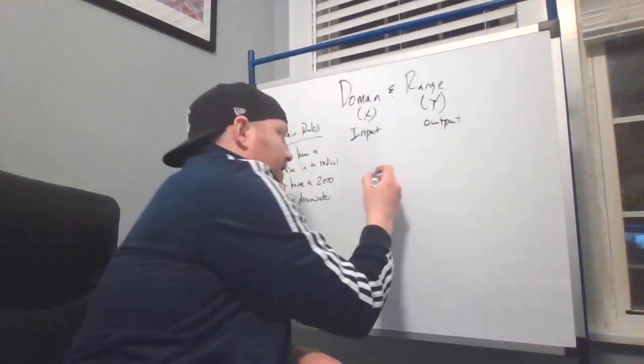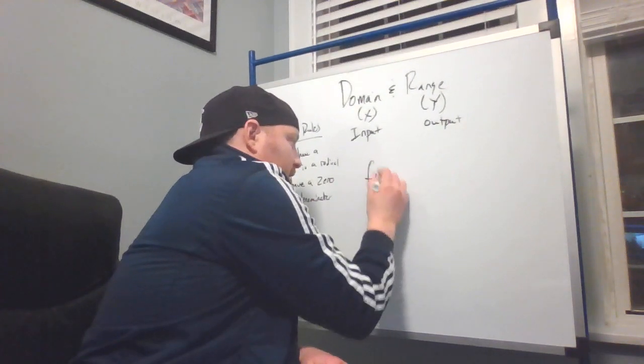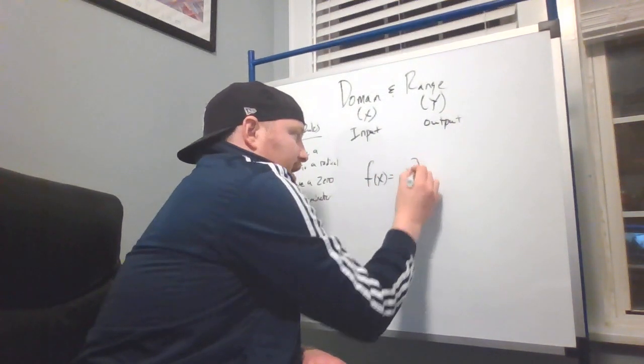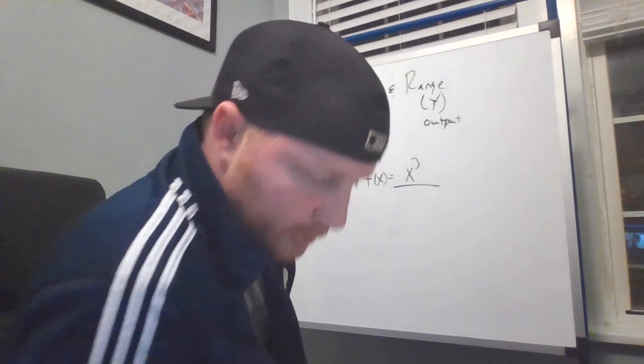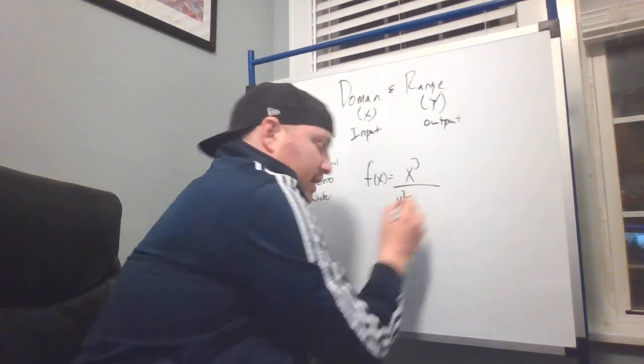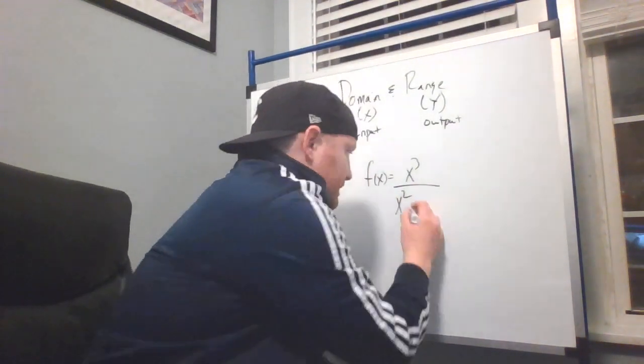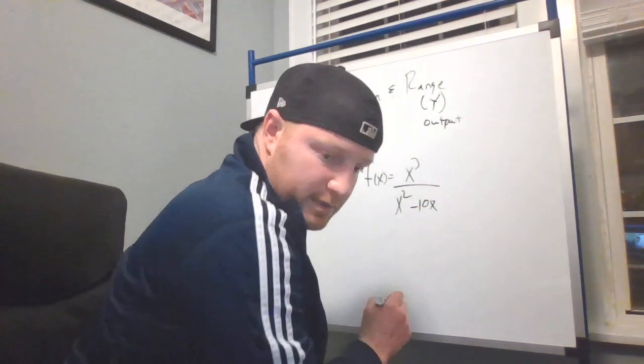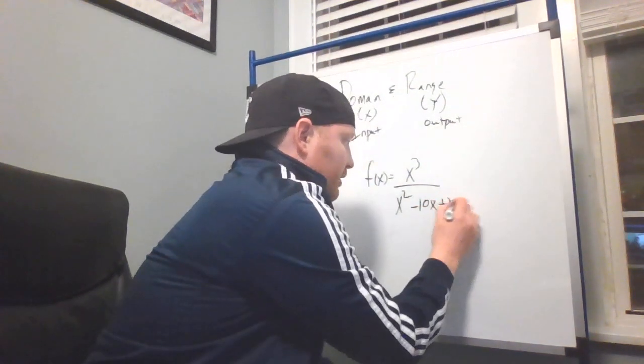So now let's say I have this function. F of x equals x to the third power all over x squared minus 10x plus 24.